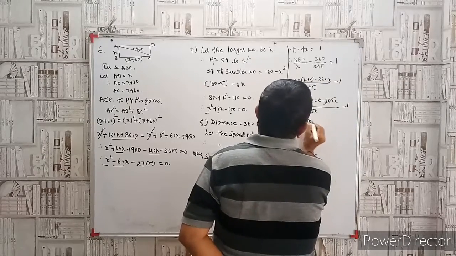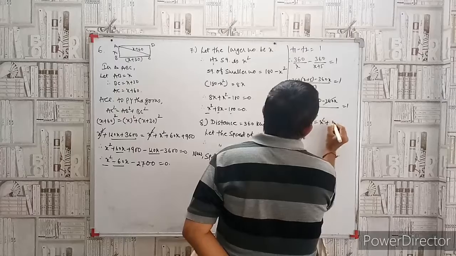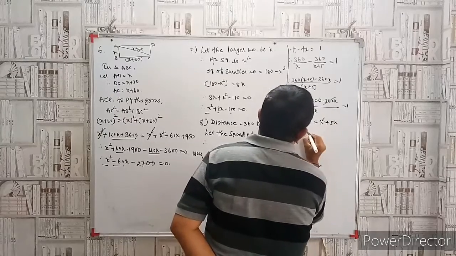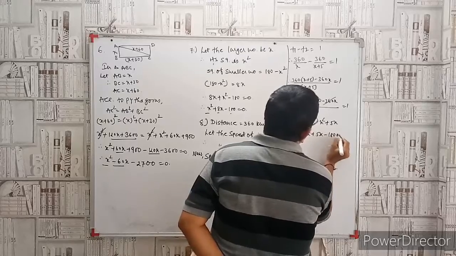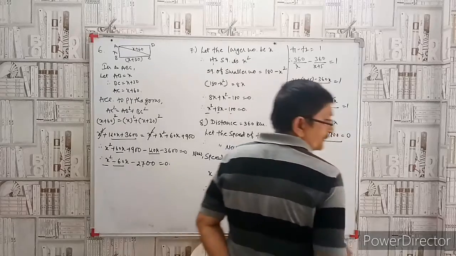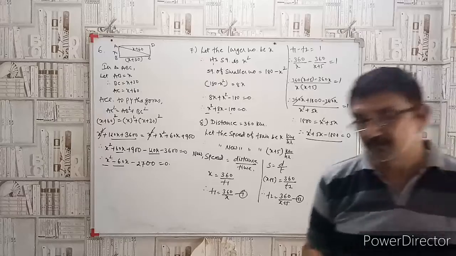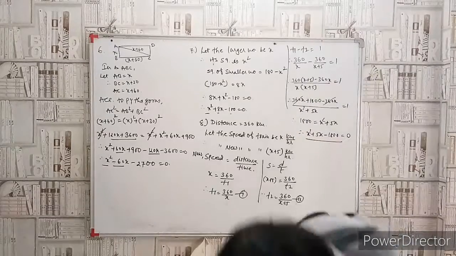So 1800 is equal to x square plus 5x. So therefore x square plus 5x minus 1800 is equal to 0. A, B, C, x, alpha and beta, you can find from this equation. Okay.